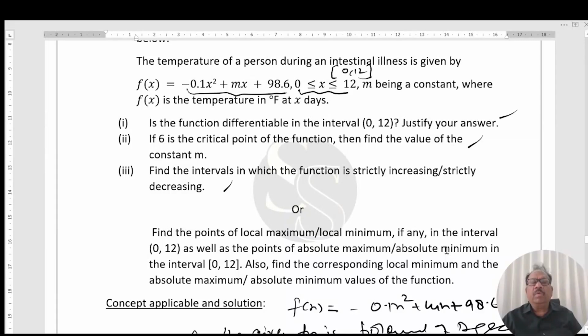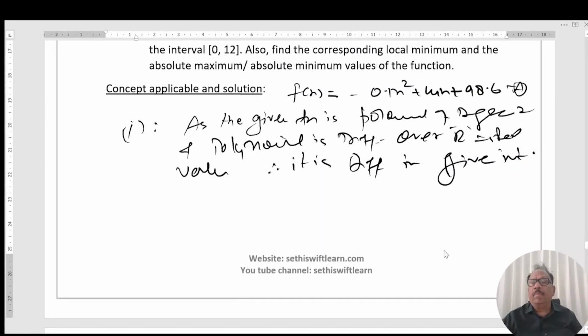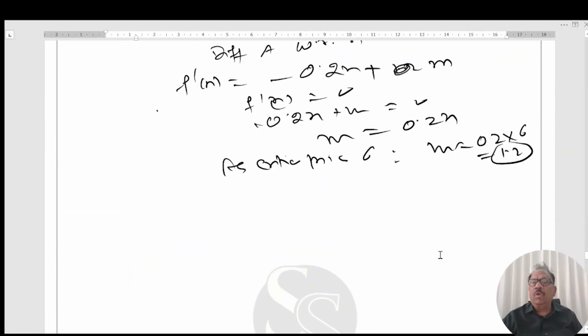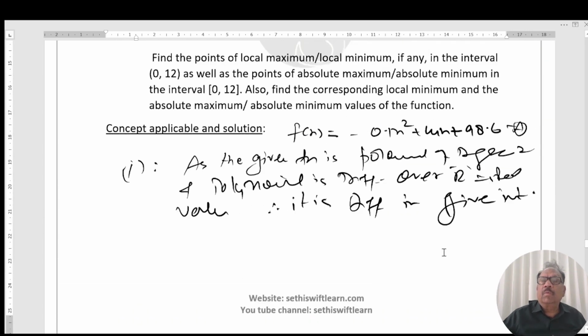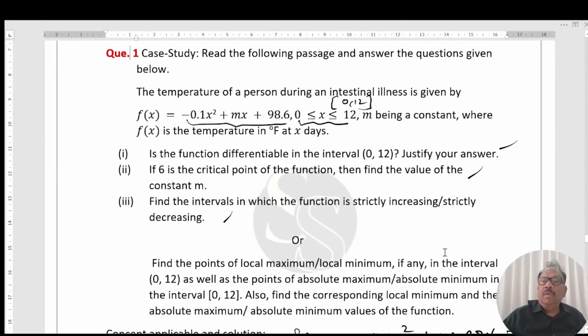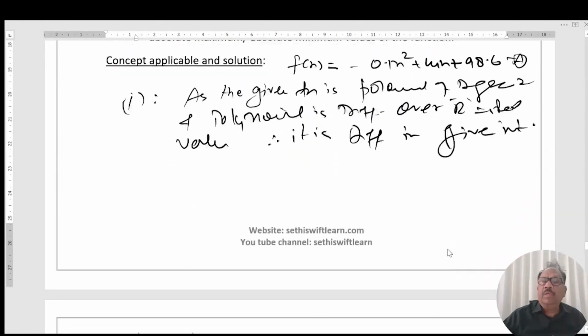What was the requirement? Find the value of m. Then the value of m is 1.2. Second part is over. Third part. Now substituting the values, f(x) comes out to be minus 0.1 x square plus 1.2 x plus 98.6.